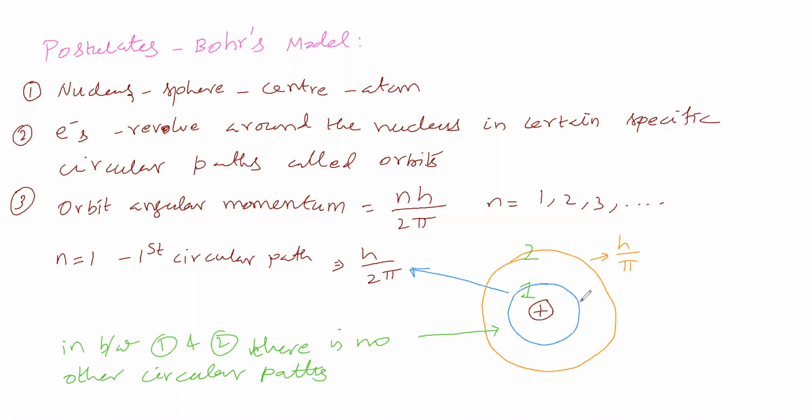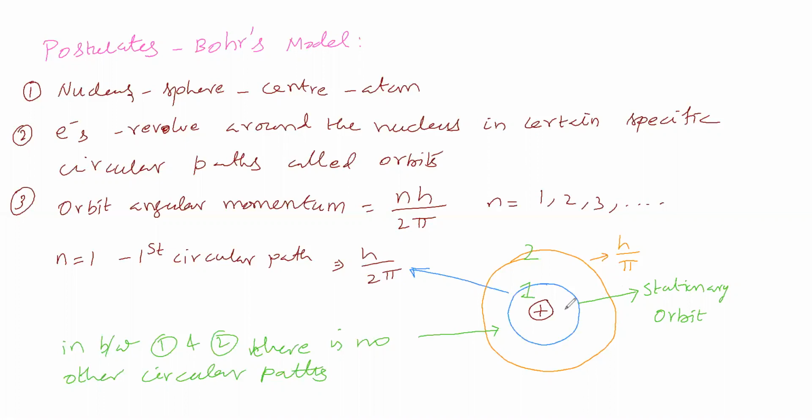Therefore, he is saying this circular path is stationary. Why is it stationary? Because it has a particular angular momentum. So this orbit is called a stationary orbit. It is the Niels Bohr model point of view.